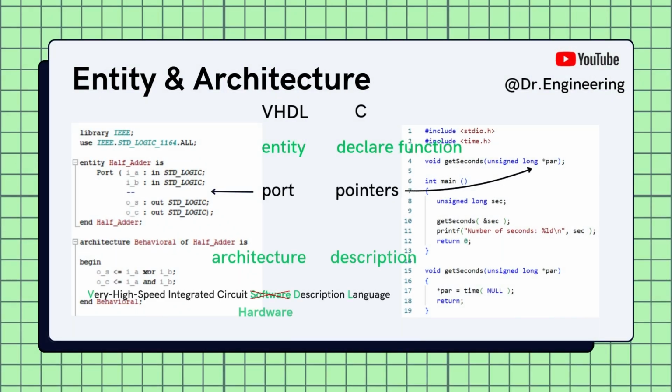If we compare VHDL to programming in C, the entity in VHDL can be seen as declaring a function, while the architecture describes the function's behavior. The port in VHDL is like the pointers passed into a C function. I use this comparison to make it easier to understand, but keep in mind that VHDL describes hardware, whereas C describes software. We're learning VHDL, not VSDL.